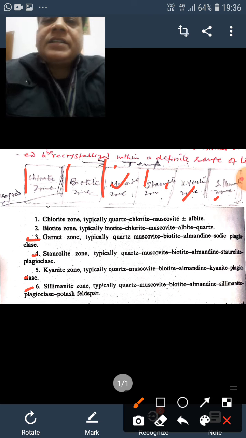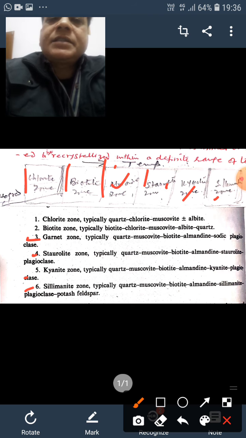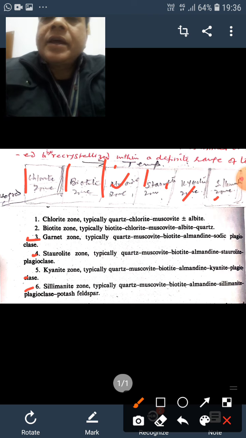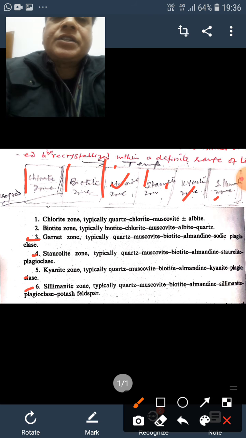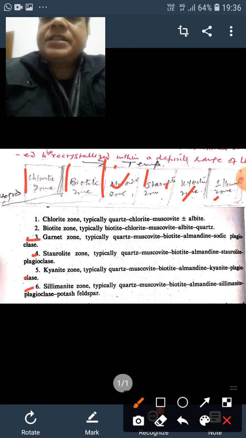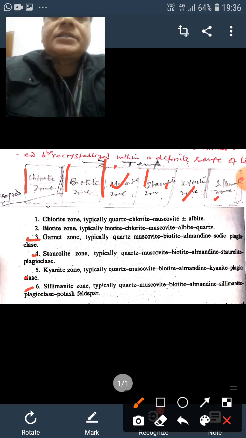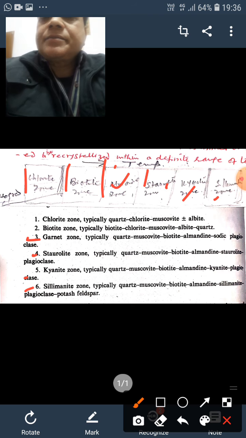Isograds are created as a result of mineralogical reactions resulting from changes of pressure and or temperature. Some zone boundaries may not be due to PT changes but instead to initial differences in rock chemistry. These compositional boundaries are not isograds.